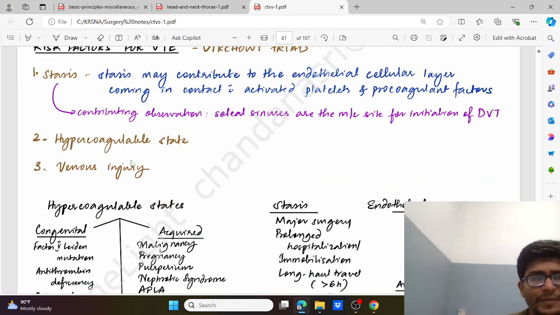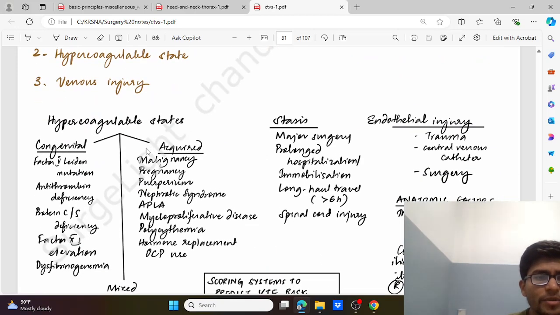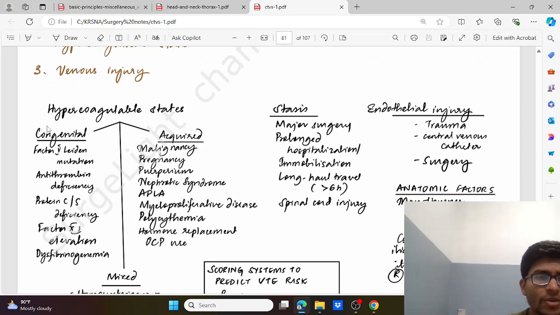Then we have the hypercoagulable state and venous injury. Hypercoagulable states could be due to congenital and acquired causes.